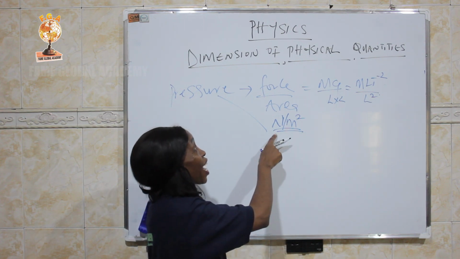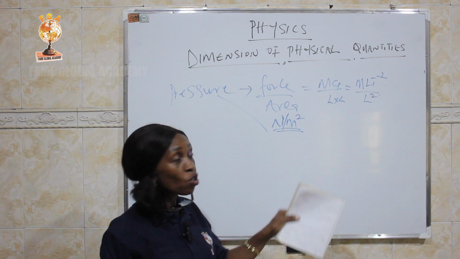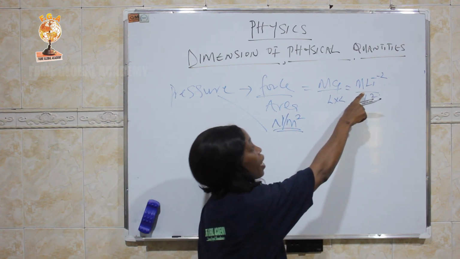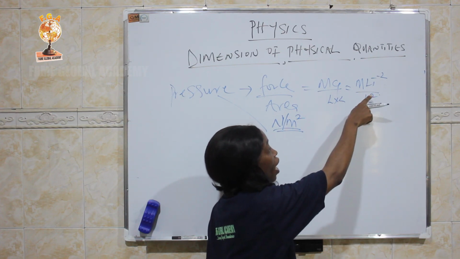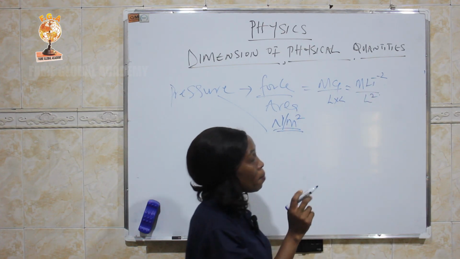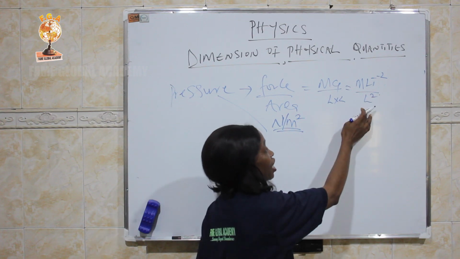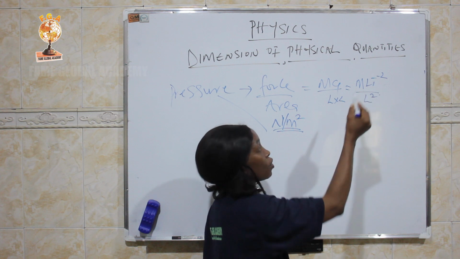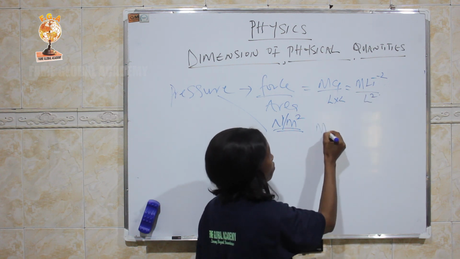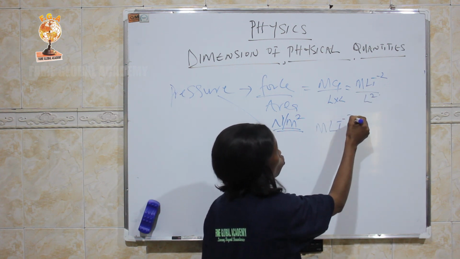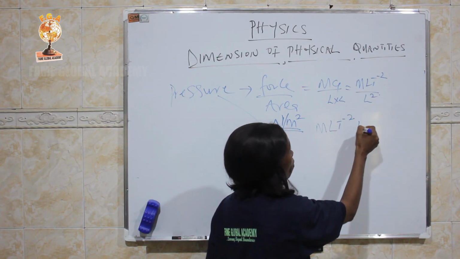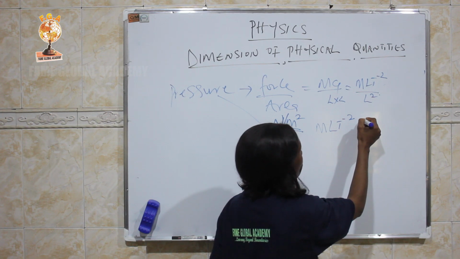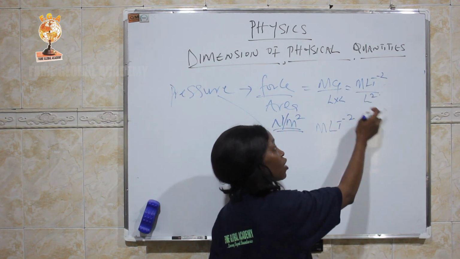Now that is the SI unit for pressure, but it is not the dimension for pressure. Dimension becomes MLT minus 2 over L2. Remember I said when you have a slash down, since I have L, I have to take it upward. So it becomes ML T minus 2. Now L minus 2 goes up, minus 2 because it's a positive sign going up.